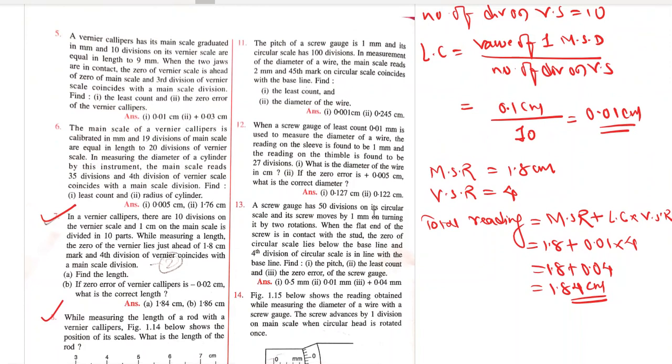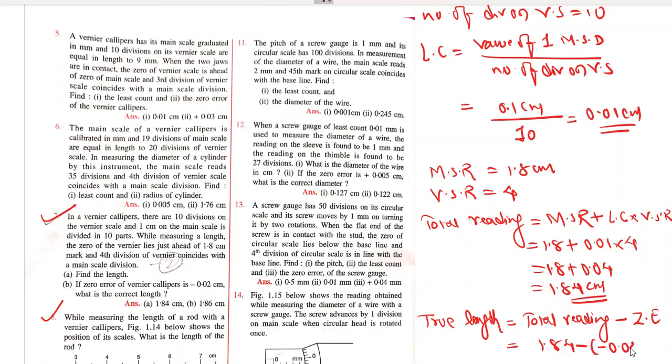If the zero error is minus 0.02, what is the correct length? So true length or correct length is equal to total reading minus zero error. So 1.84 minus minus 0.02.